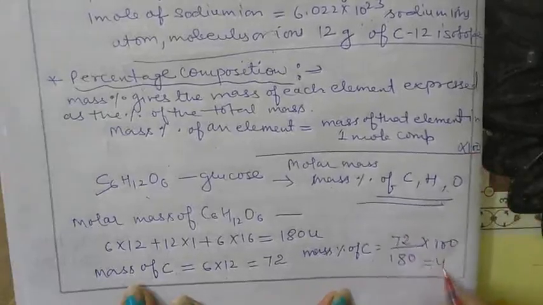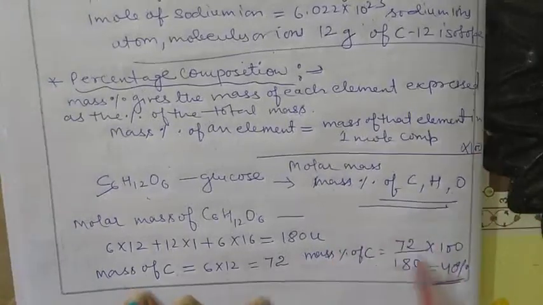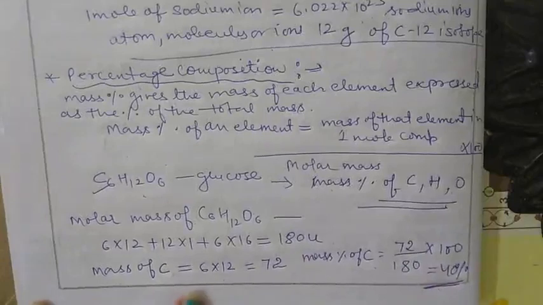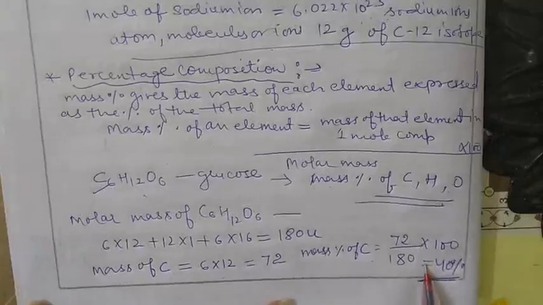So it is nearly about 40%. If you solve this, you get the answer as 40%. So the mass percentage of carbon is 40%.